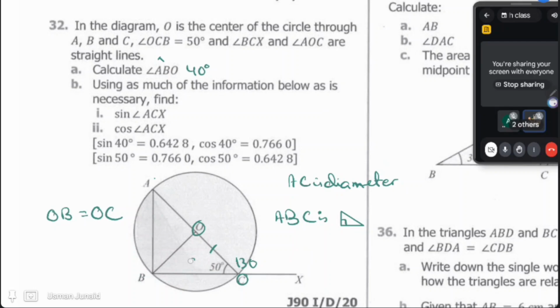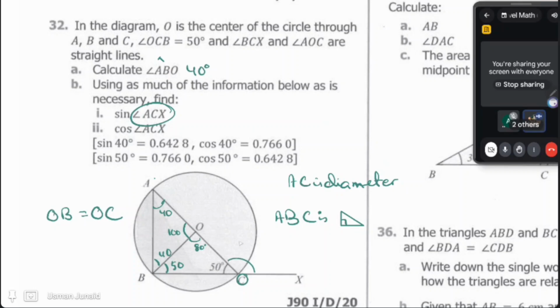So this is 50. This is 40. This is also 40. This is 100. And this is 80. ठीक है. अब वो कह रहे हैं कि साइन ACX. Excuse me, sir.